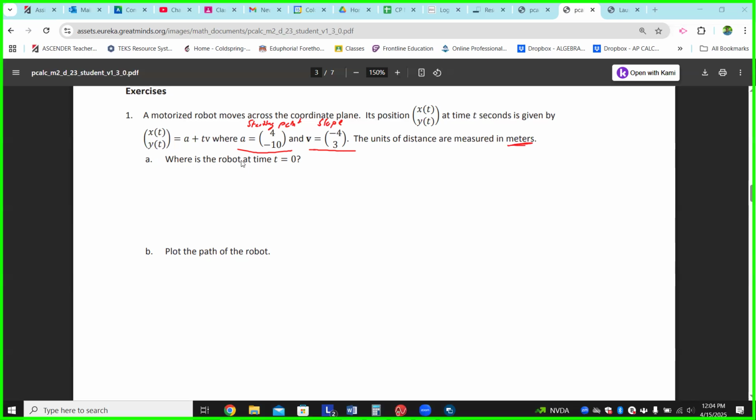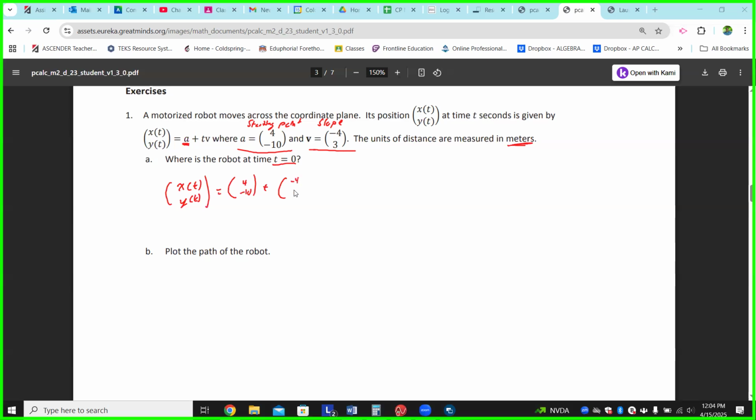All right, first question it's asking is where is the robot at time t equals 0? So to do this, all you got to do is just plug in your information. So we get x of t, y of t equals 4, negative 10. Again, all I'm doing is replacing things. Plus, I'm going to put the t on the right side, just looks better.